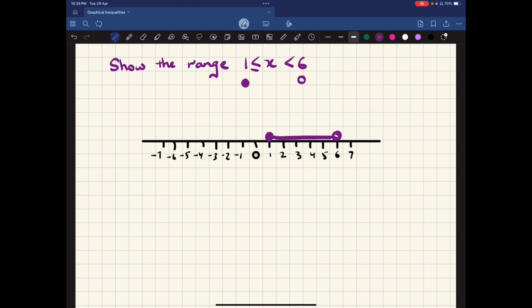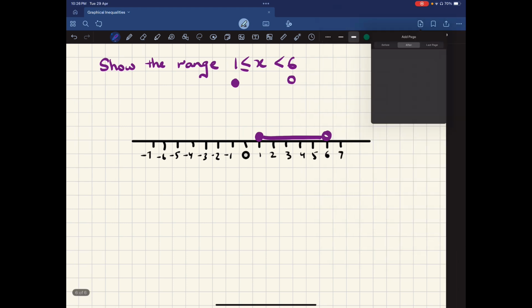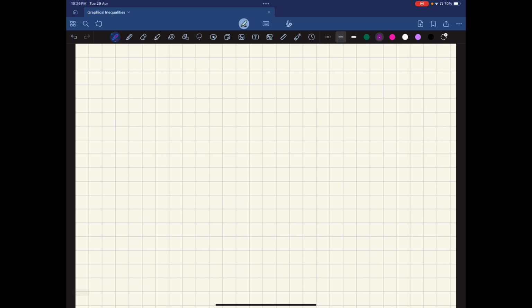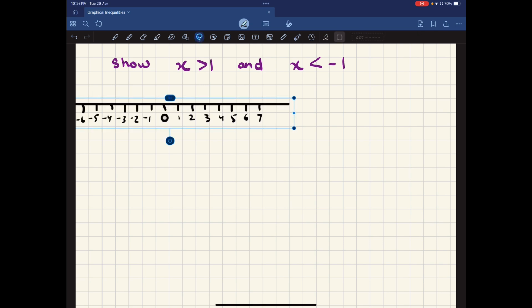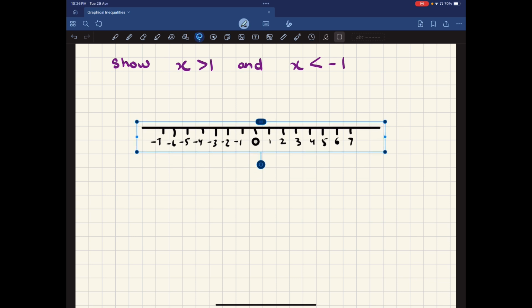Now for example, if they ask us to show x is greater than 1 and x is less than -1, how are you going to show this on the number line? The first thing to note is that these are strict inequalities, so hollow circles.